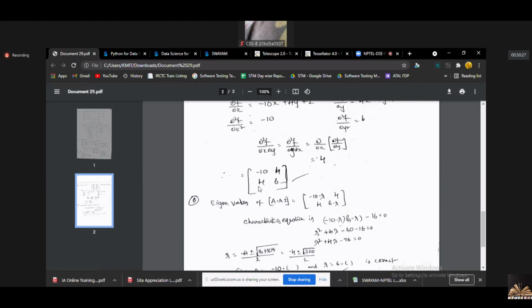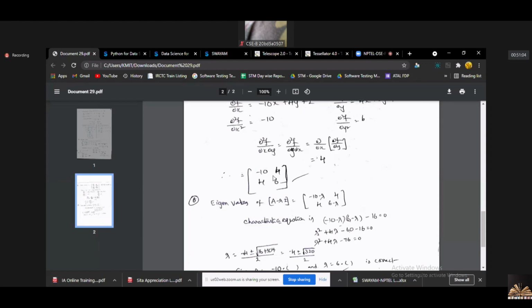Assume that this matrix is A. So now it is A minus lambda I. Now I is nothing but the identity, the diagonals will be the same. So here, minus 10 minus lambda, minus 10 minus lambda.